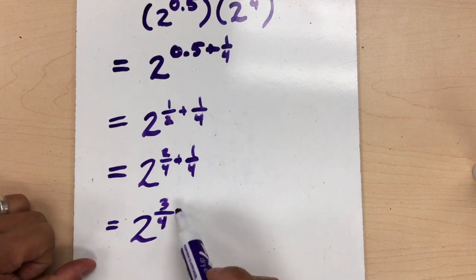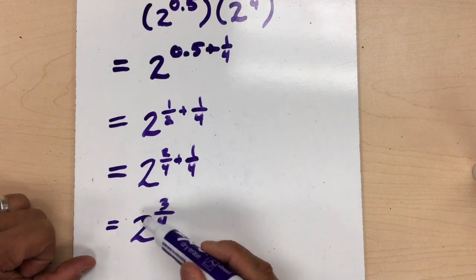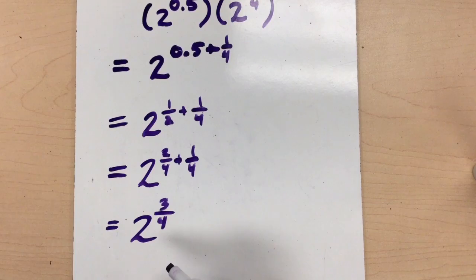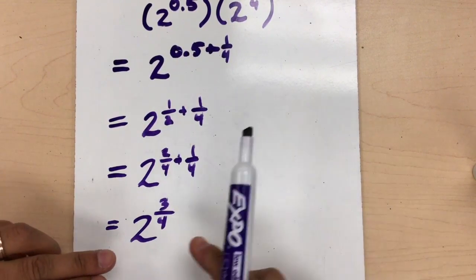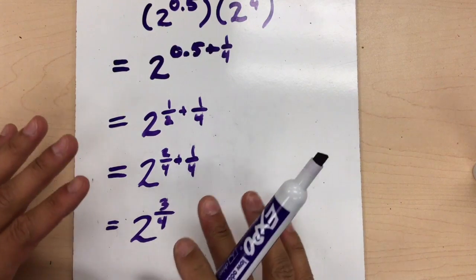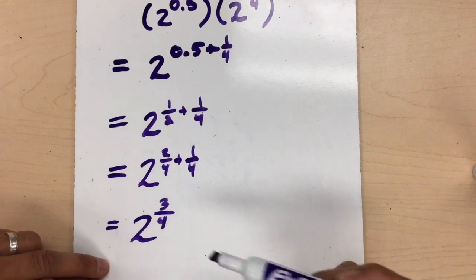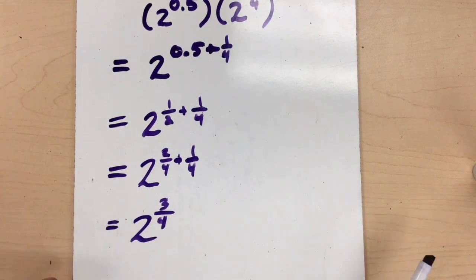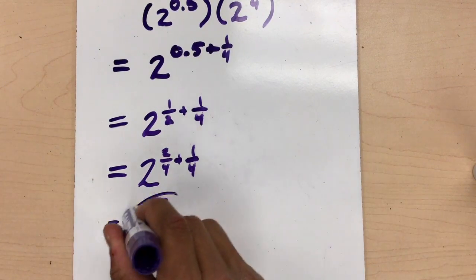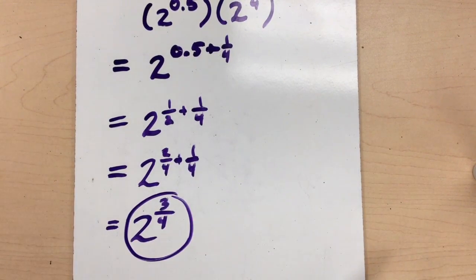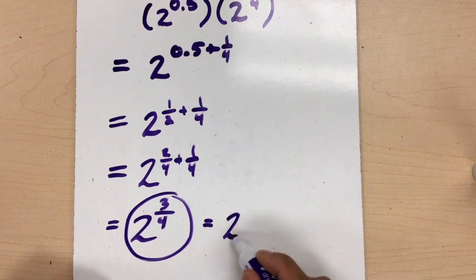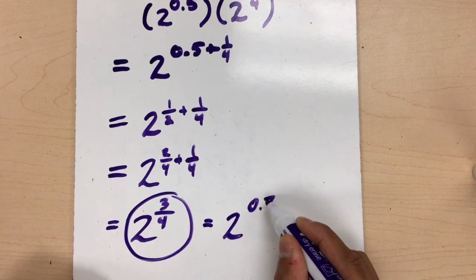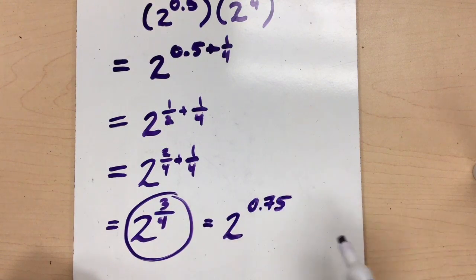We're going to come back to working with these rational numbers later on, where we would want to know what is the actual value of this. But for today, we're just working with simplifying our rational numbers. So this would be our final answer, 2 to the power of 3/4. That being said, we could rewrite this as 2 to the power of 0.75, but it's good to know both ways.